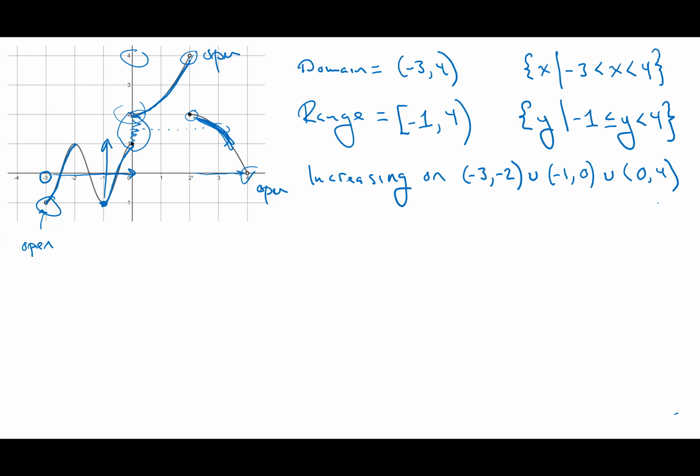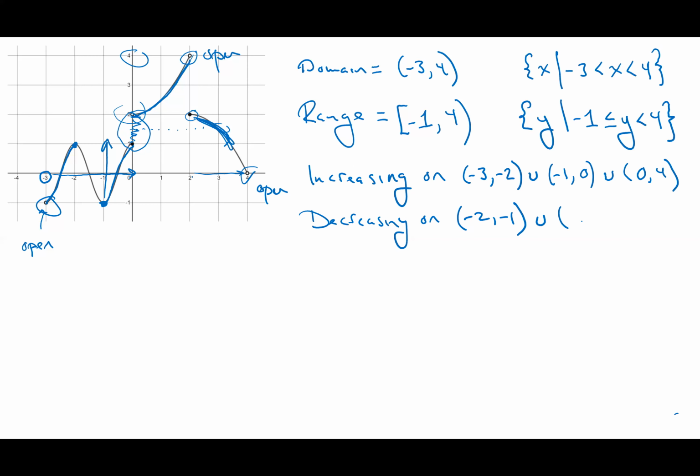At 0, well, let's look at -2 first. At -2, you're at the top. You've stopped increasing, but you haven't yet gone down. So that's why it's open. Decreasing. Well, -2 to -1.